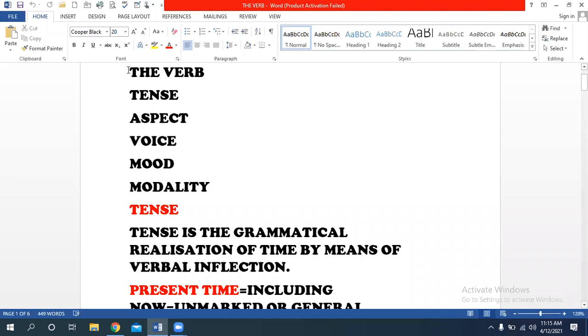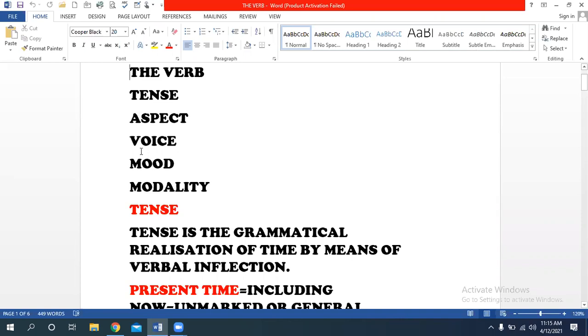So the verbal system in English language, or the verb in English language, is related to different other terminologies. Like when we refer to tense, that is related to verb. When we talk about aspect, that is also related to verb.